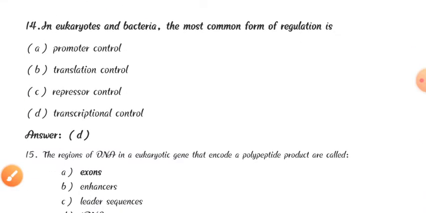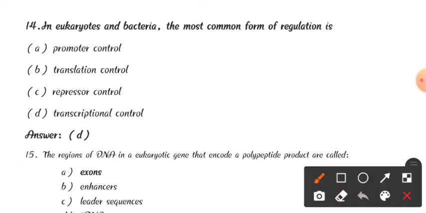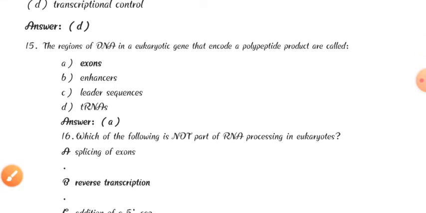Now question number 14, in eukaryotes and bacteria the most common form of regulation is, that is transcriptional control. Okay, transcriptional control should be the correct answer friends. Now next question, question number 15, the region of DNA in a eukaryotic gene that encodes a polypeptide product are called exons.